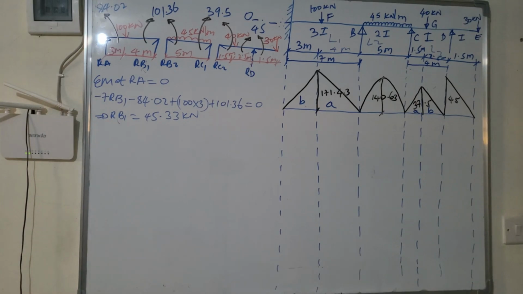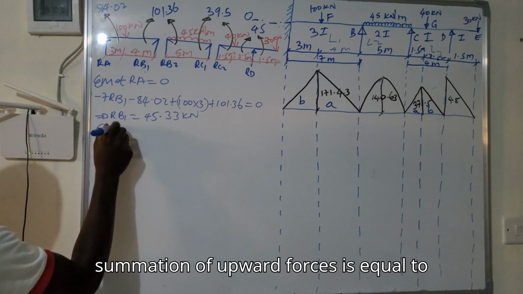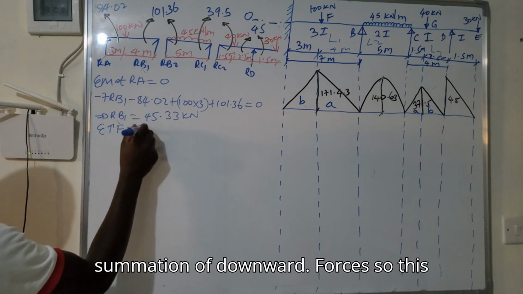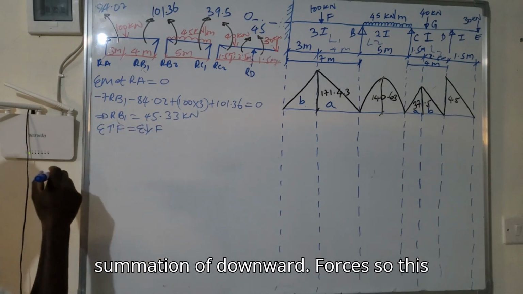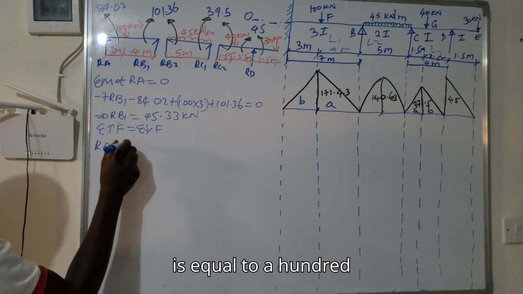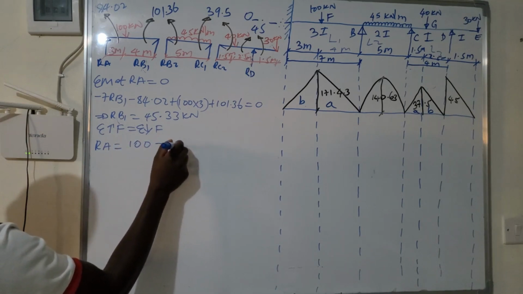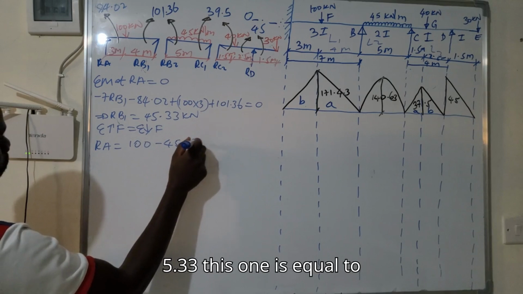And then we go to RA. We know that summation of upward forces is equal to summation of downward forces. So this one, it means RA is equal to 100 minus 45.33.